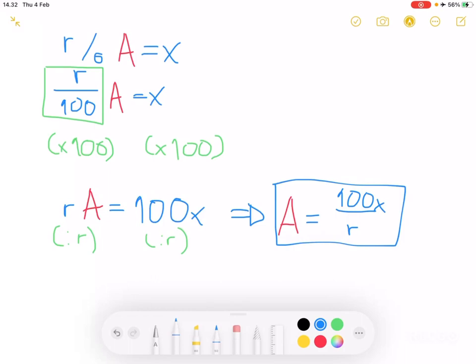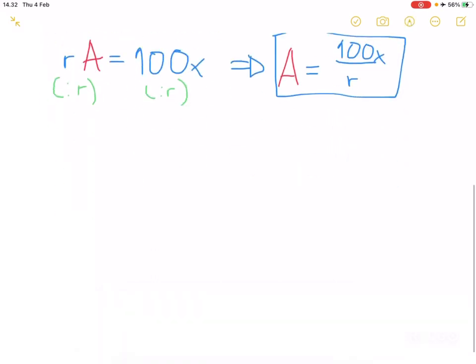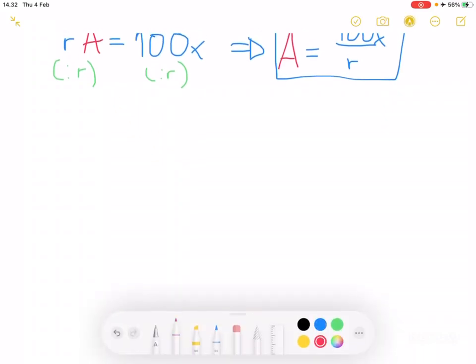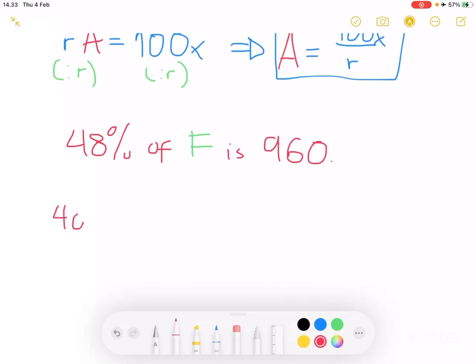So anyways, let's get into some examples. So let's say 48% of F, capital F, is 960. Find F. So we can just set up an equation like above. We have 48% times F is 960.